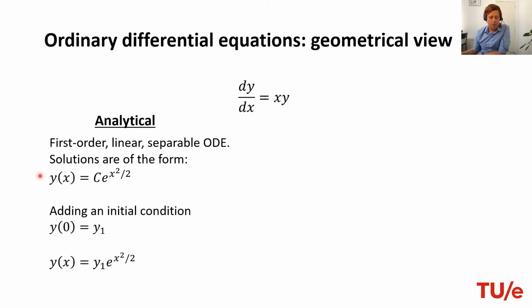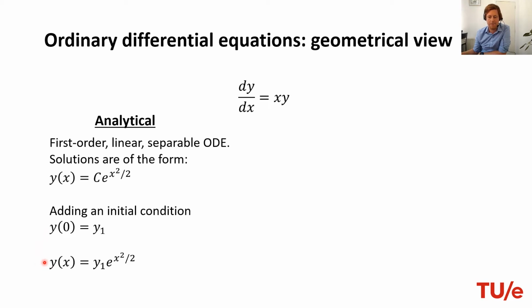But so solutions will have this form, and then by supplying also an initial condition, so saying that this function y for x is 0 should equal a pre-specified number y subscript 1, we can come down to a single solution of the initial value problem.